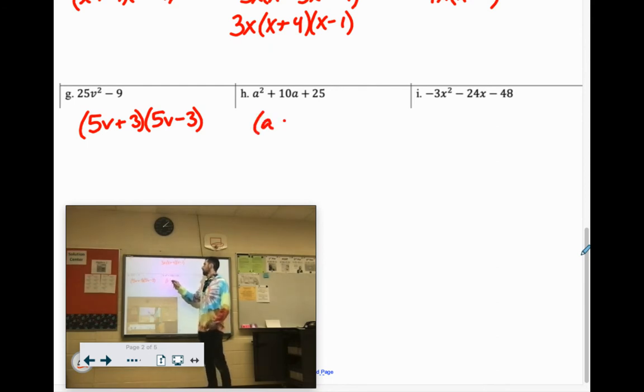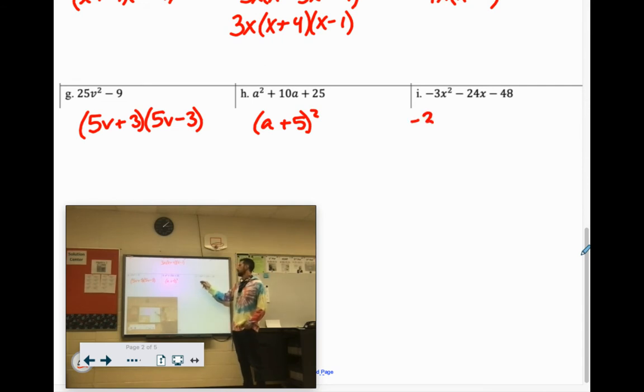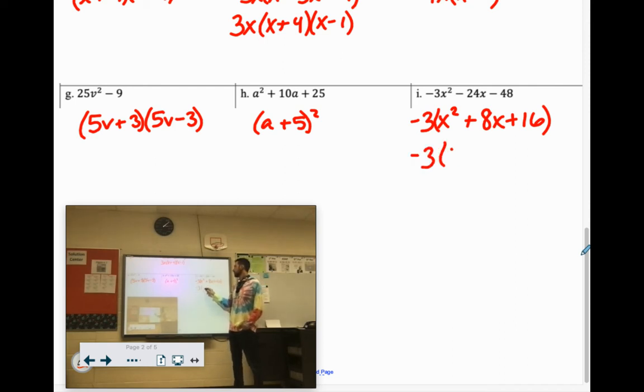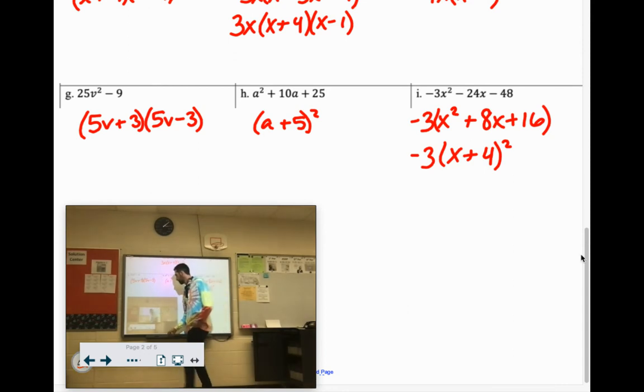Perfect square, a plus 5 squared. And kick out our negative 3, leaves us with x squared plus 8x plus 16, sorry. And then that is a perfect square trinomial, which would give us x plus 4 squared. Great.